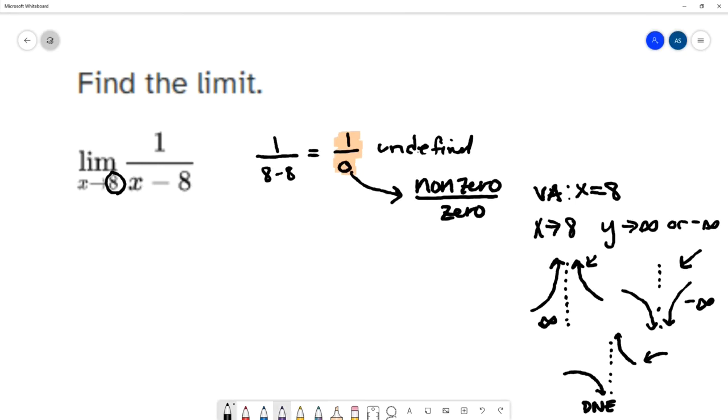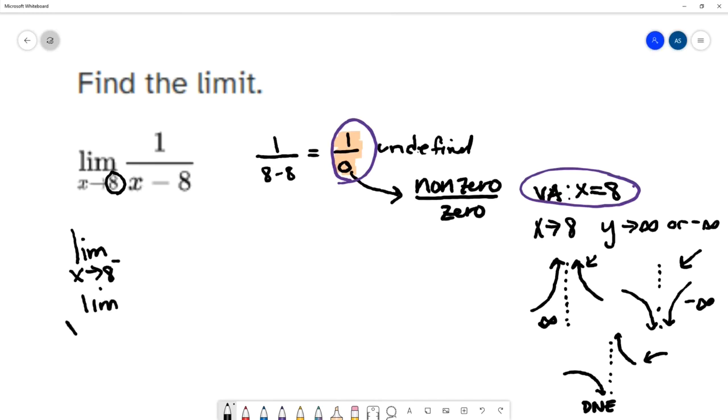So once we've identified that we do have a vertical asymptote because of this, we need to figure out which case we're working with. So that's when we focus on the one-sided limits. So I want to see what's happening on the left and what's happening on the right so that I can figure out how to address this question.